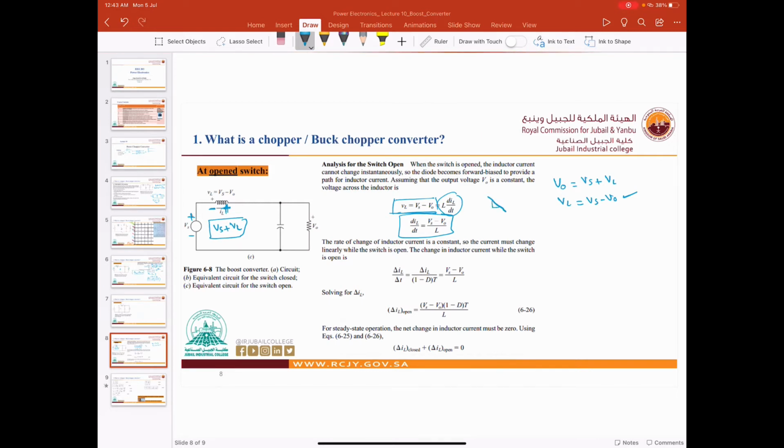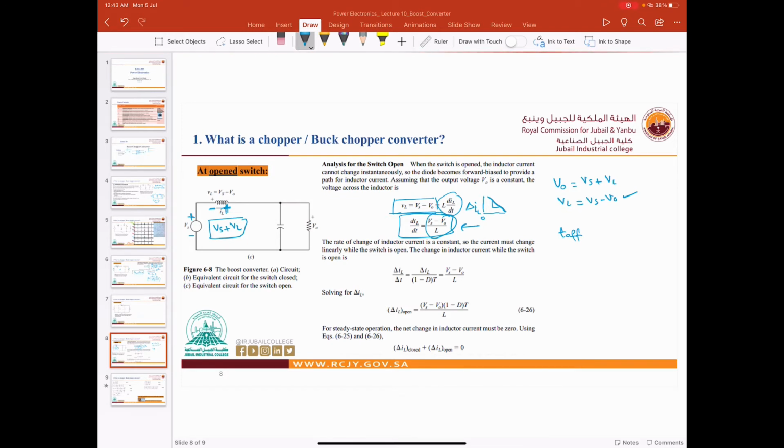The slope is known, the time is known here, and you need to find delta IL open. Now we need to multiply this value by the duty cycle, by T off.